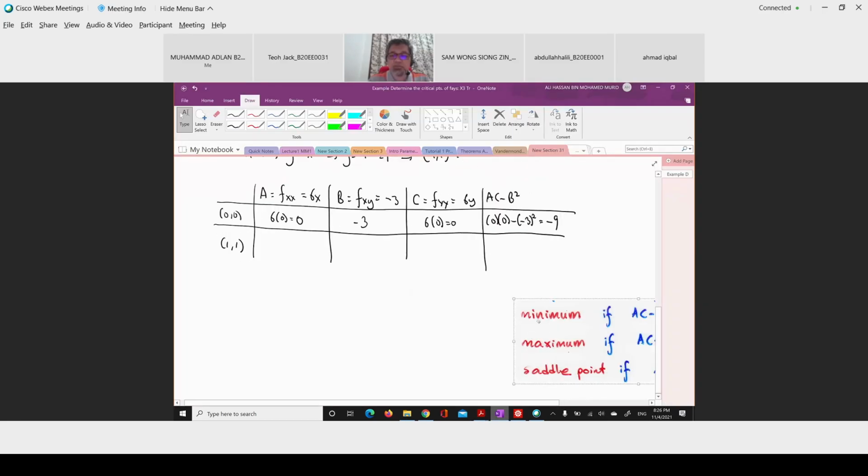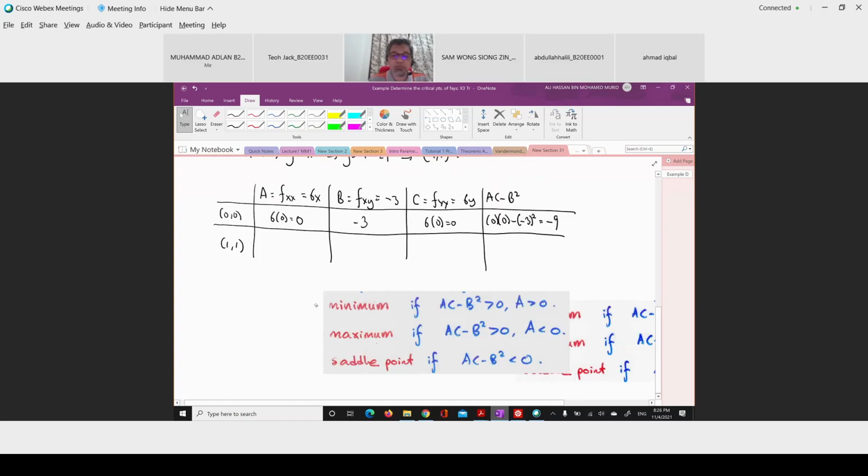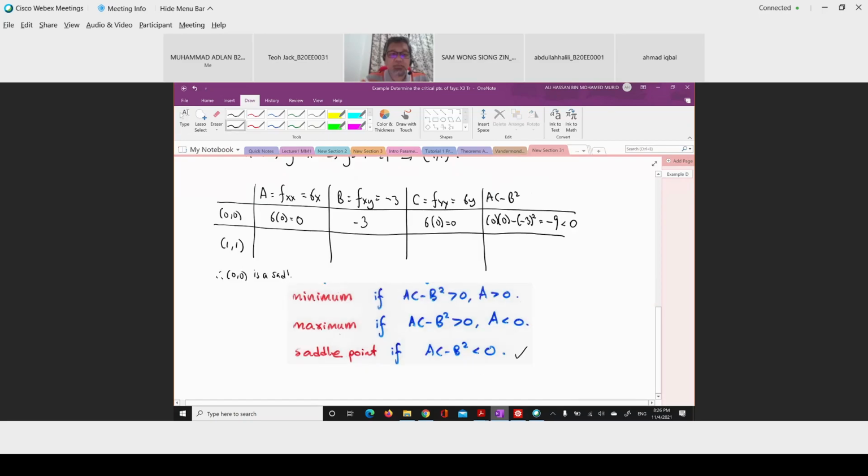We need to recall this one. All right, less than 0. It's this one, isn't it? So 0, 0 is a saddle point. Yeah, 0, 0 is a saddle point.